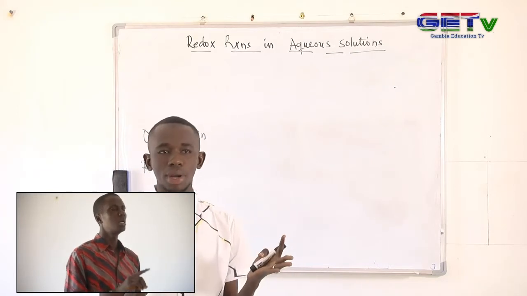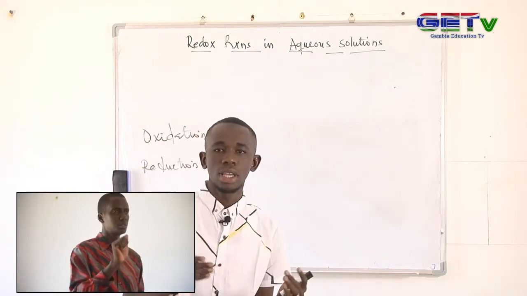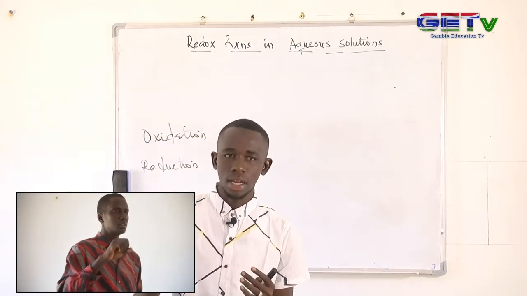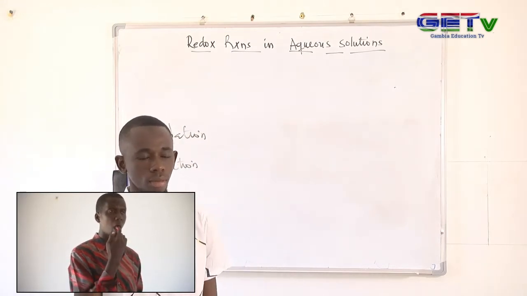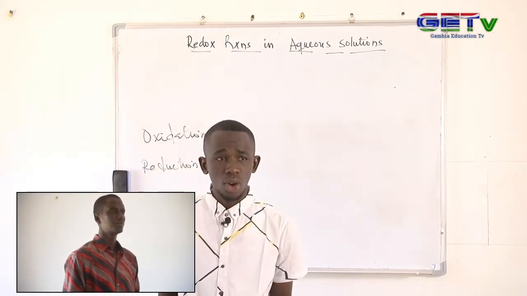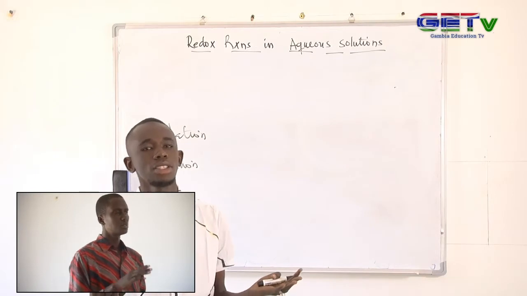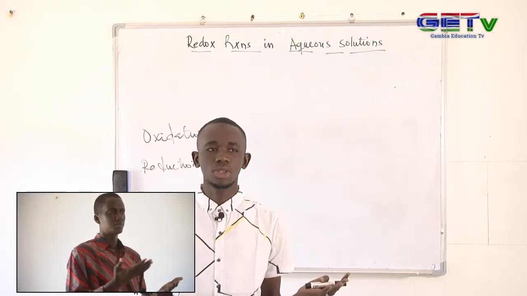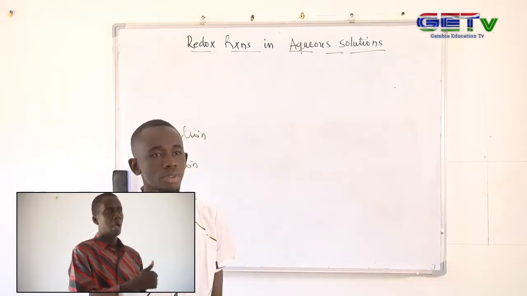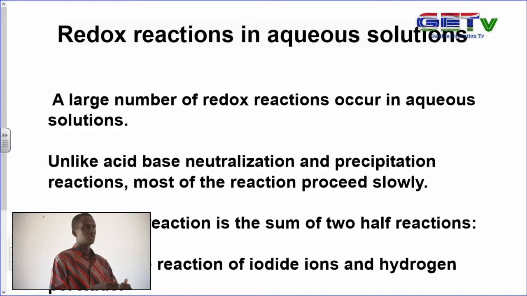We will try to balance redox reactions in these three kinds of solution. Unlike acid-base neutralization and precipitation reactions, most redox reactions proceed slowly. That is, acid-base reactions and precipitation reactions are faster than redox reactions.